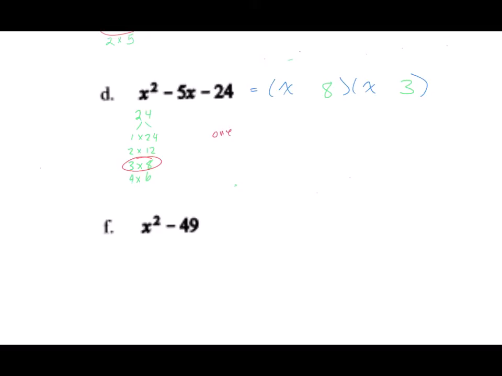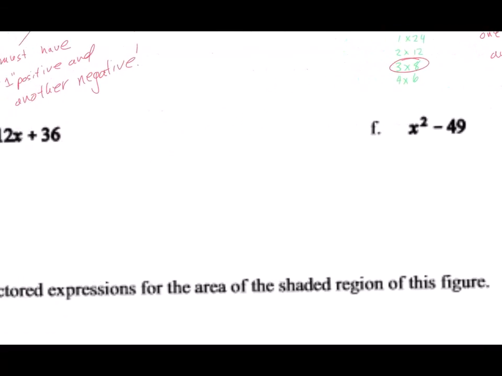And that's what we're going to put in our brackets, because there is only one negative and one positive for our result, because our final answer is negative 24. So we end up with negative 8 and positive 3, because negative 8 plus positive 3 gives negative 5x.